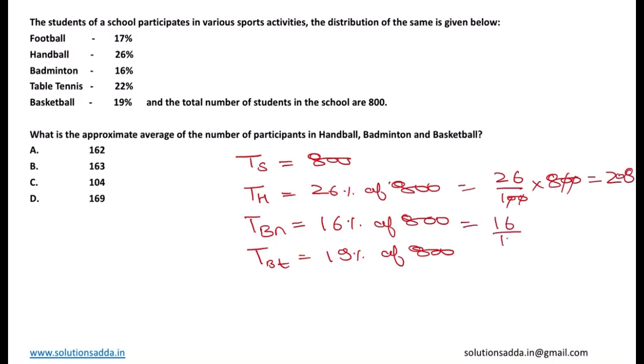Similarly, 16 by 100 cross 800, and 16 times 8, total number of students in badminton is 128, and 19% of 800 is 19 by 100 cross 800. 19 times 8 is 19 8s are 152. Therefore, we have the total number of students in handball, badminton and basketball.